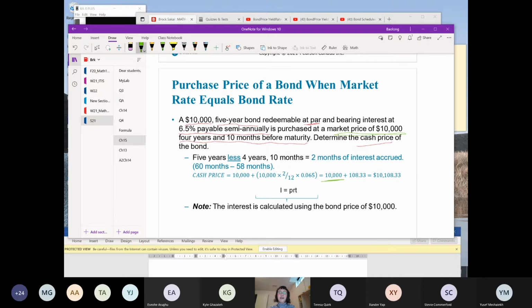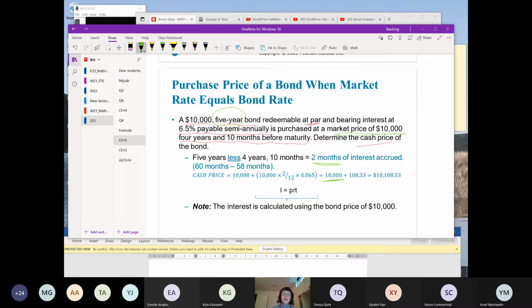Next, we need to calculate the interest. When did you buy this bond? 4 years and 10 months before maturity, and this is a 5-year bond. That means you have 2 months of interest accrued.